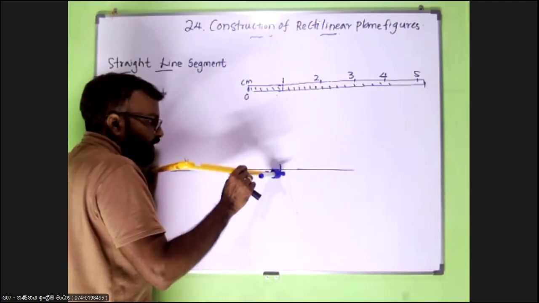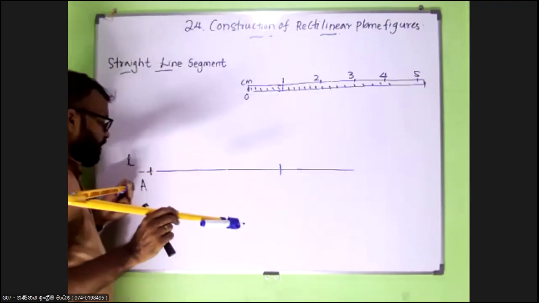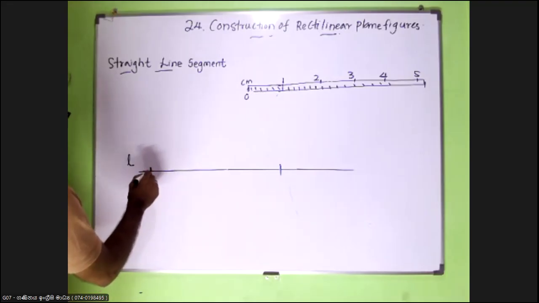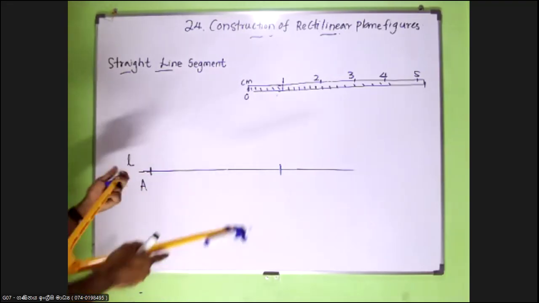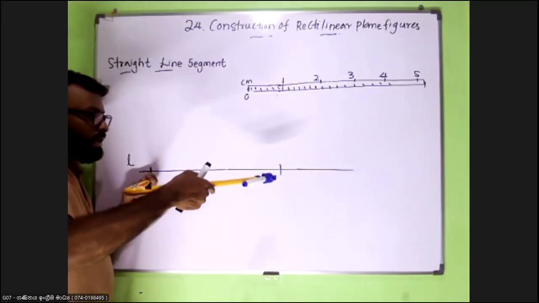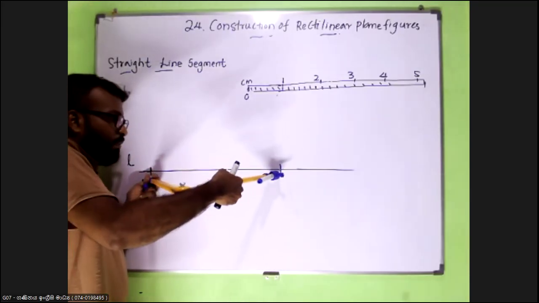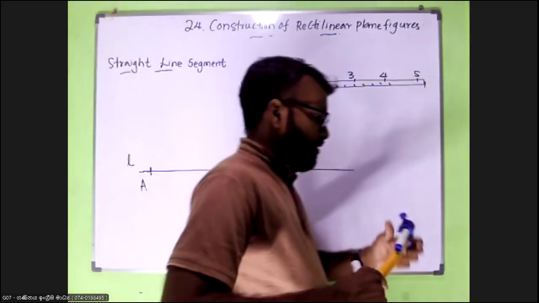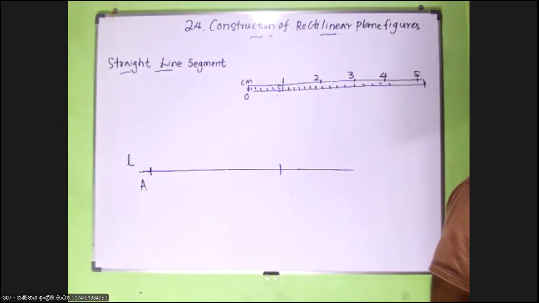You have to mark your point here. You have to place your compass on the point here, and you have to mark a point on the straight line here, right? I think you can understand. Please do that.